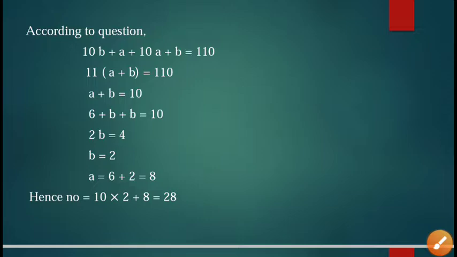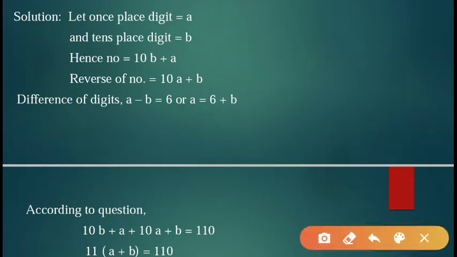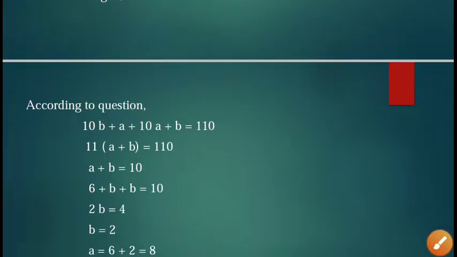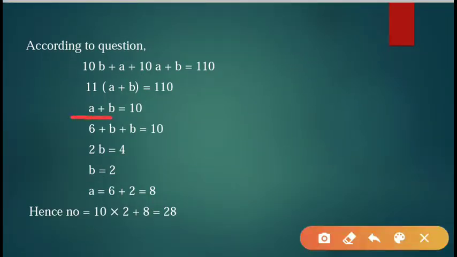So a plus b is equal to 10. Again from here we have the value a is equal to 6 plus b. So substitute the value of a here. Here a plus b is equal to 10. Substitute a is equal to 6 plus b.